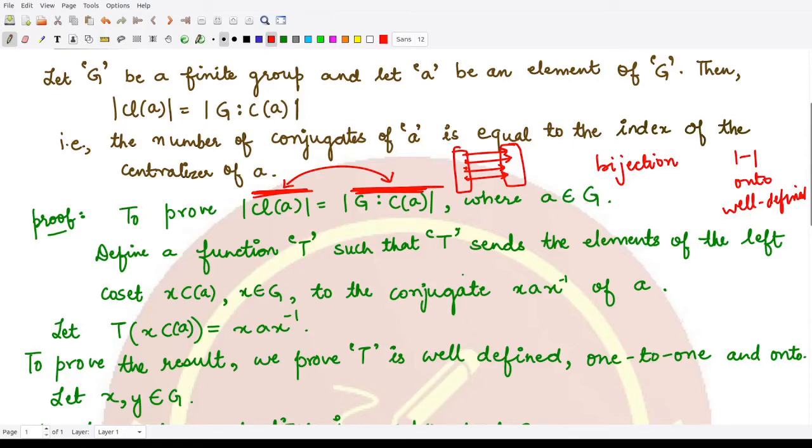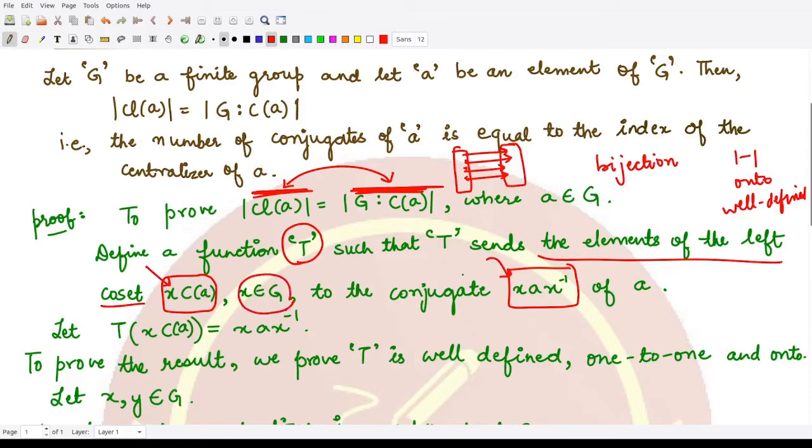So we define some mapping which we call T, such that all the elements of the left coset X C of A are mapped to the conjugates of A, which is X A X inverse. You see this X and this X are the same, and X is taken from the group itself, right? So the mapping here is T of X C(A). What is capital C of A? It is the centralizer of A. So X multiplied with the centralizer of A, and what is it?